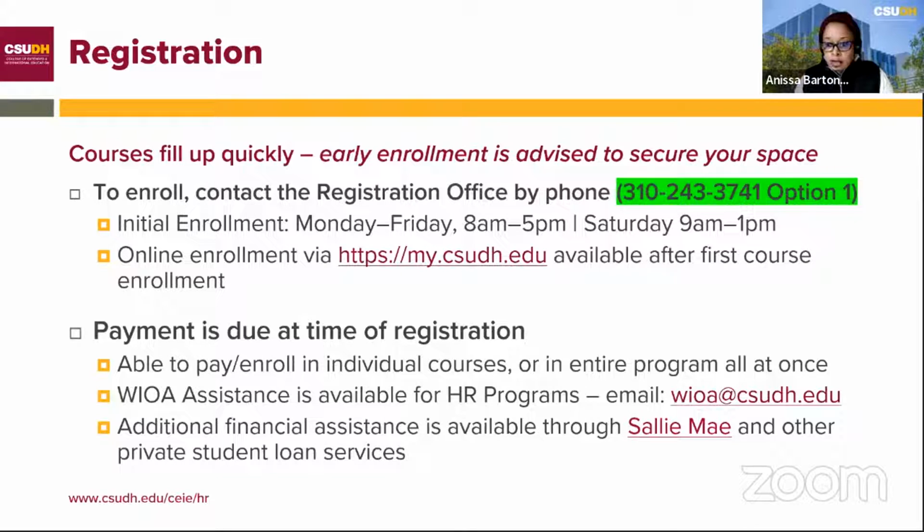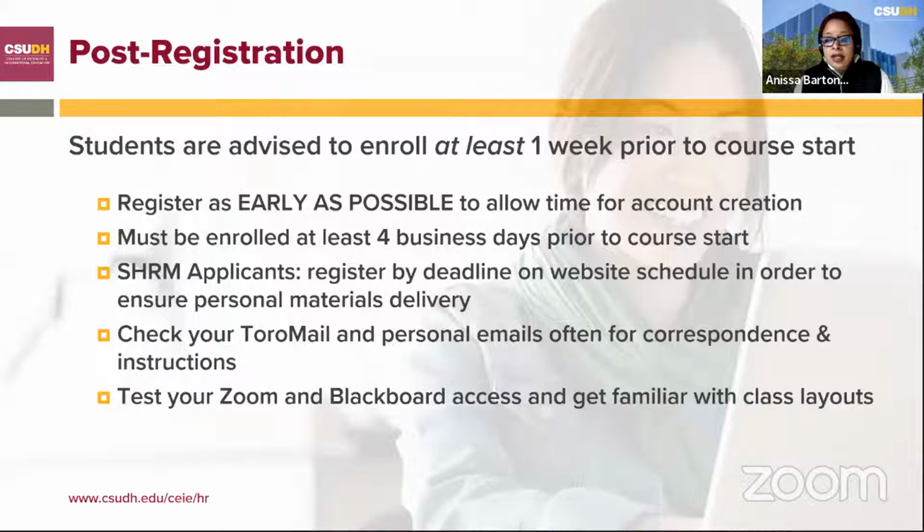If you need any additional financial assistance, please Google private student loan providers or connect with sallymay.com for student loan details. So again, we recommend that you register at least 1 week before the course begins.